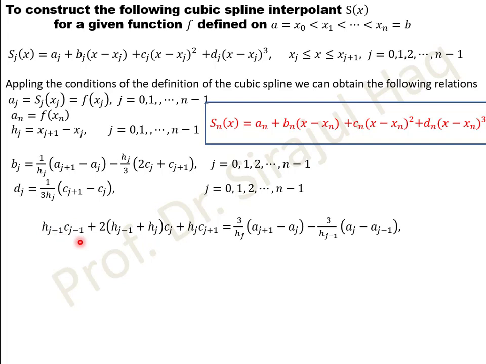If you look at this equation, bj depends upon aj, which are coming from here. I don't have any problem. Cj we have to find out. dj depends upon cj. So it is independent of any other constant, aj. bj and dj, because these are known quantities, depend upon ci's only. So if I know the values of ci's, I can find the values of bi's and di's.